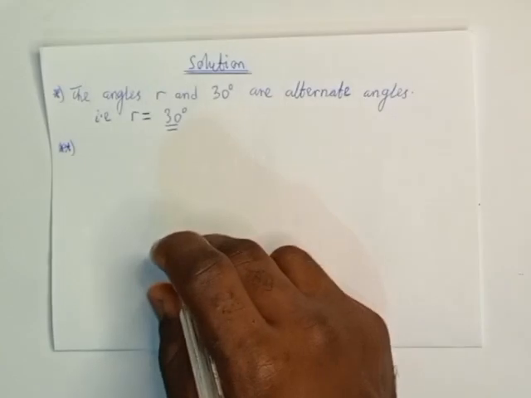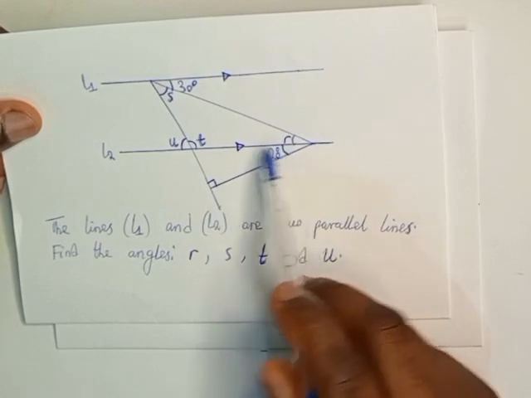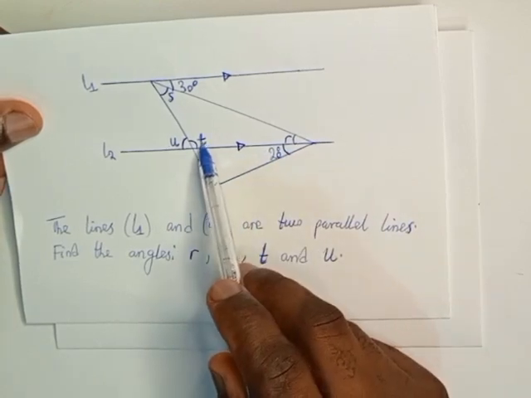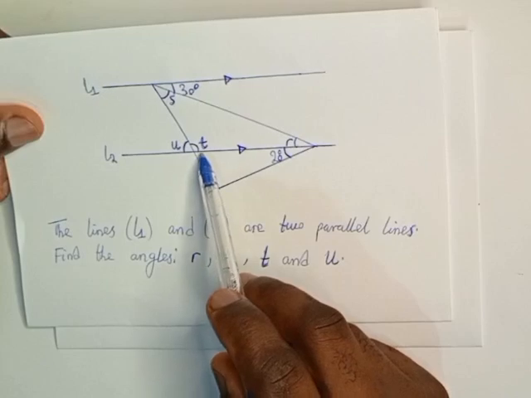After finding the angle R, we need to find the angle T. For us to find the angle T, we are going to find this angle.